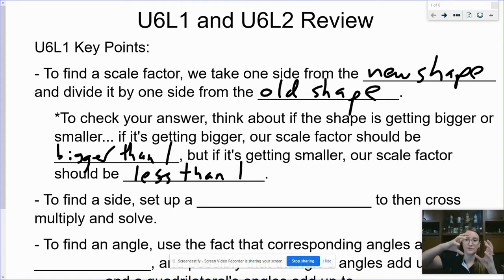It's shrinking. So if you say to yourself, okay, I can tell that my shape should actually be getting smaller, and you end up with a scale factor bigger than 1, you just need to flip it. You did it the wrong way. So if you realize that doesn't make a lot of sense, my shape is getting bigger and I got 0.3, flip your fraction and you should be correct then.